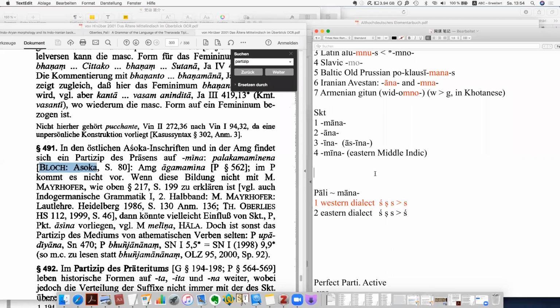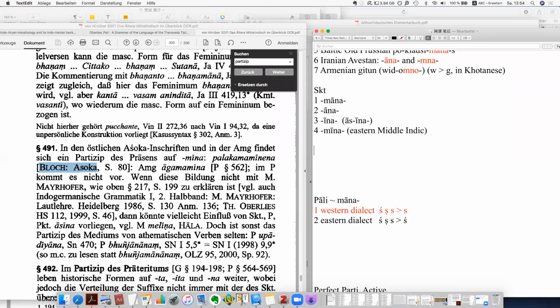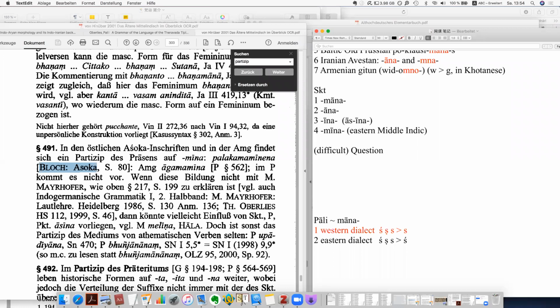Okay, now comes something difficult, a difficult question. Which one is older?